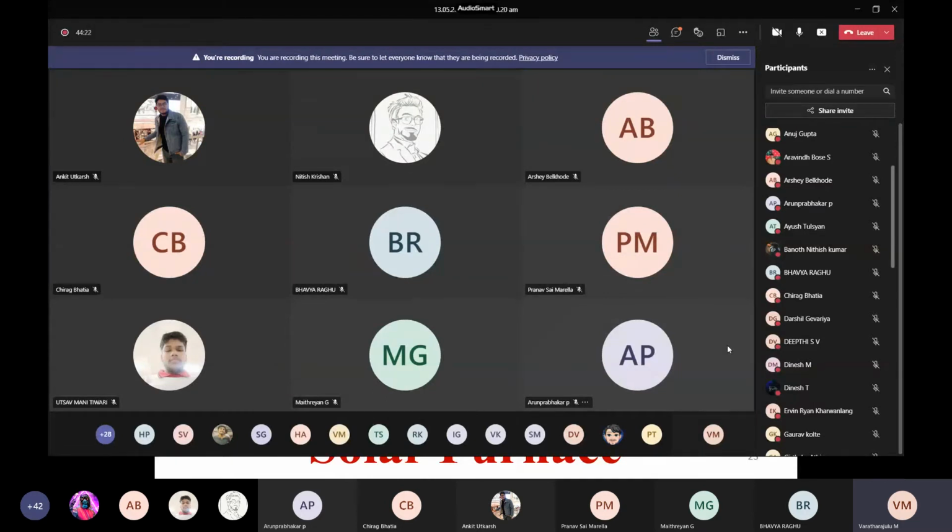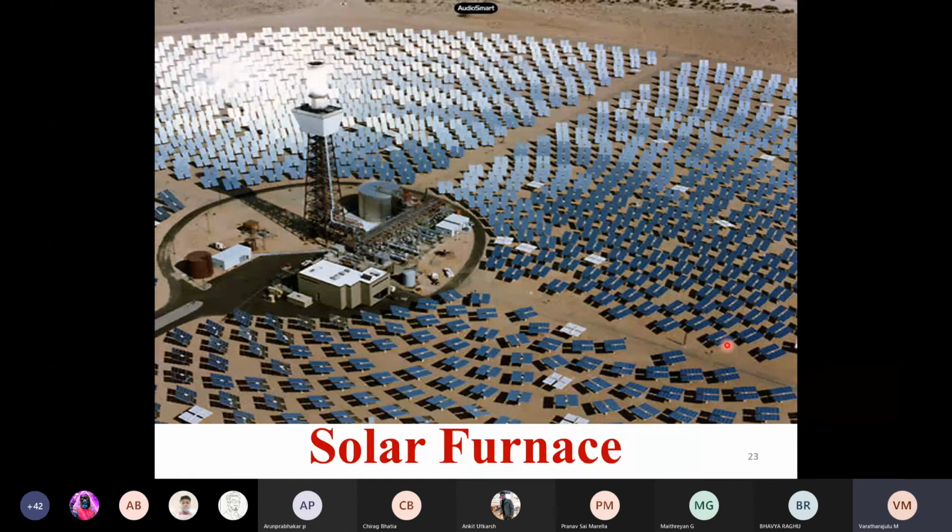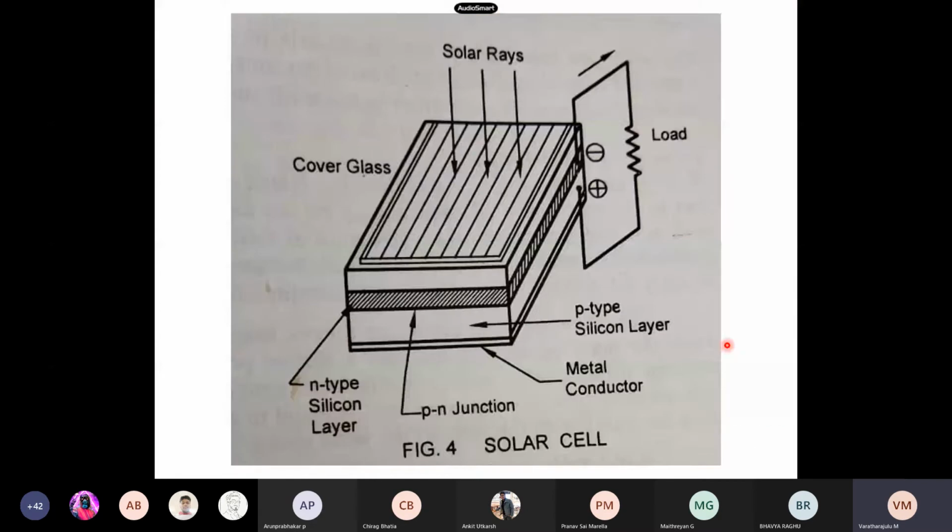This was the solar cell, and this was the typical diagram, which we already discussed. Anyway, I'll refresh those contents. The direct conversion of solar energy into electricity is achieved with the aid of the solar PV effect.